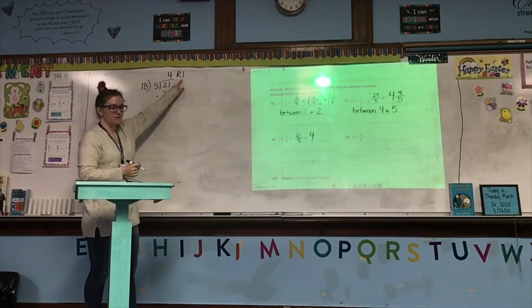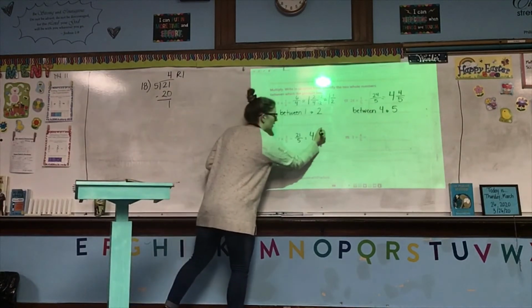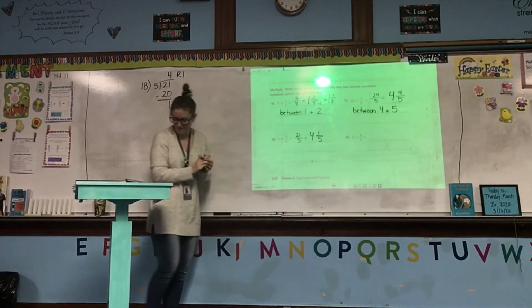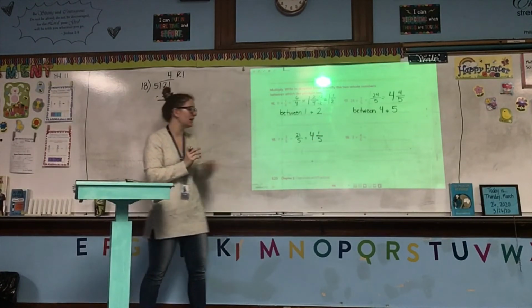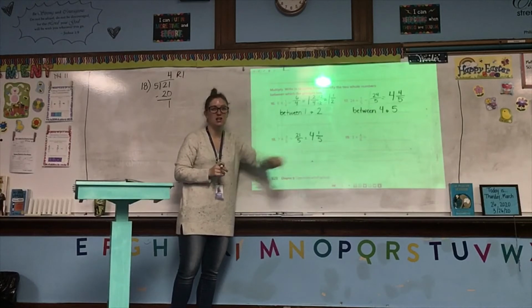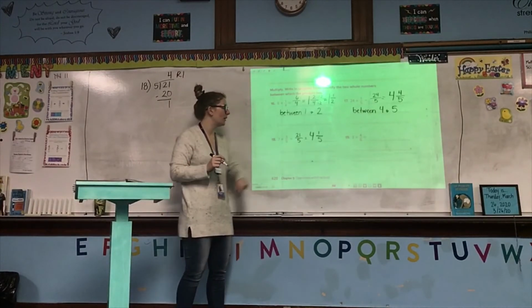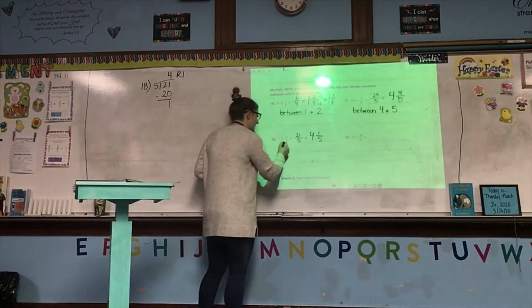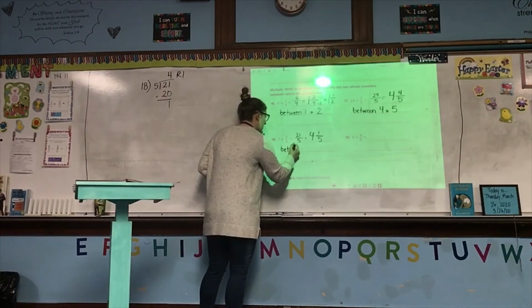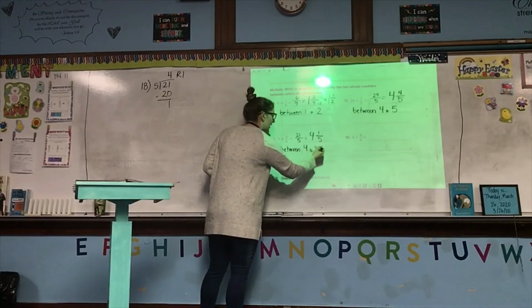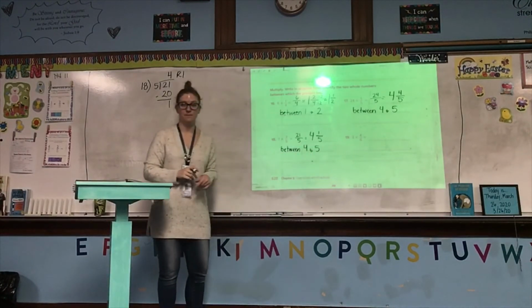Our numerator comes from the remainder, which is 1, and our denominator stays the same. So we have 4 1/5. That fraction part is a unit fraction, so that means it's already in simplest form. Our whole number is 4, so that means this fraction comes between the whole number 4 and the next whole number, which is 5.